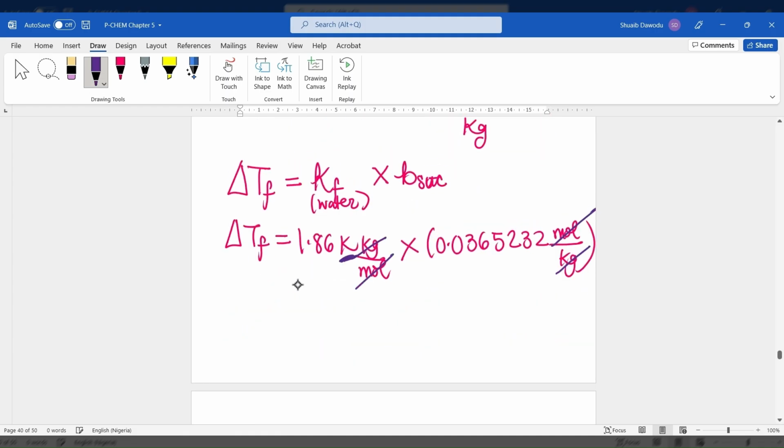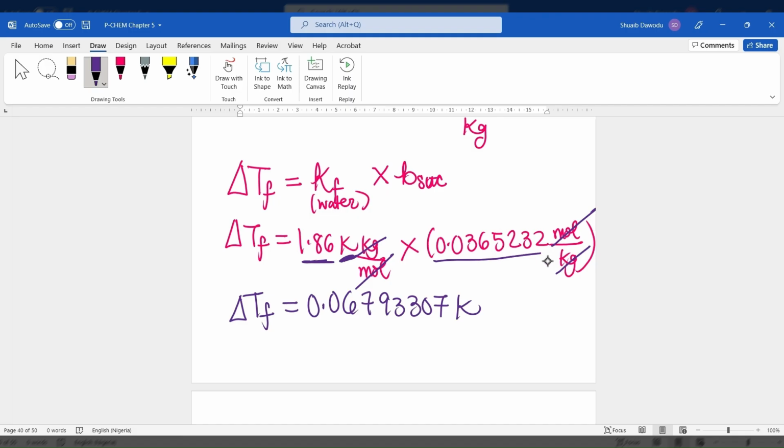So change in T sub F is simply going to be 0.06793307 Kelvin. So we multiply the 1.86 by the 0.0365232, and we end up with this value for change in T sub F.